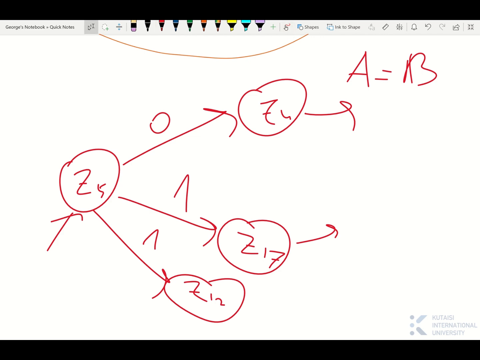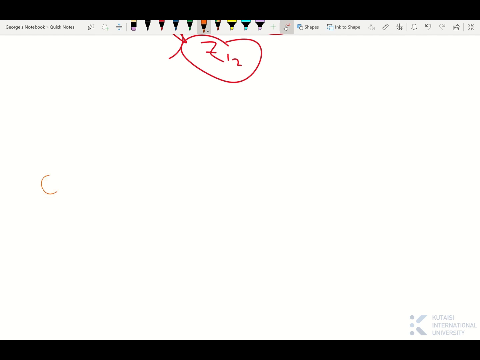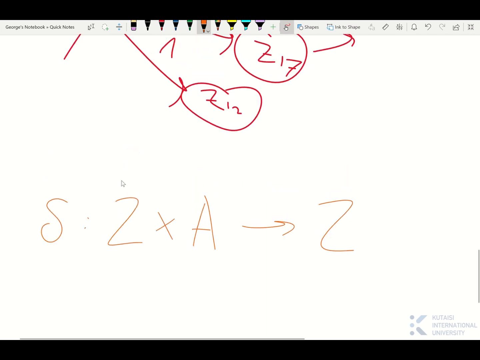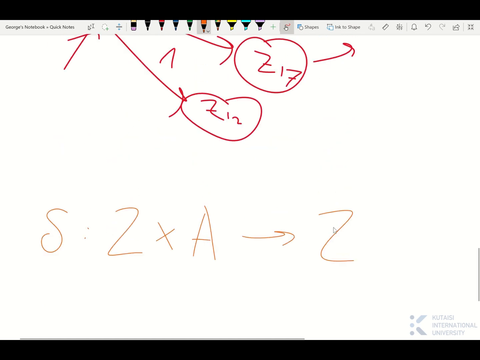But how do I describe it mathematically? So remember what a DFA was basically. You had this function delta that goes from Z times A to Z. What this means is if you give me one state and one letter, I produce another state. This is no longer true in an NFA, because if you give me the state I'm standing at, and you give me a letter, let's say 1, I cannot produce just one state.